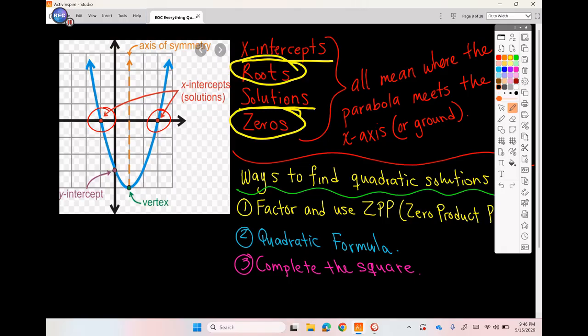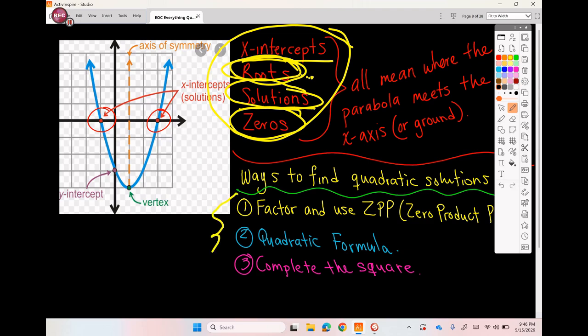It has to equal 0 because it's an x-intercept, so they call them zeros. Solutions are what the value of x is when you're solving this, and x happens to be an x-intercept. And roots come from the ground, your x-axis in real life. So all these words mean the same thing. If you're asked to find either one of these four, it's the same process.